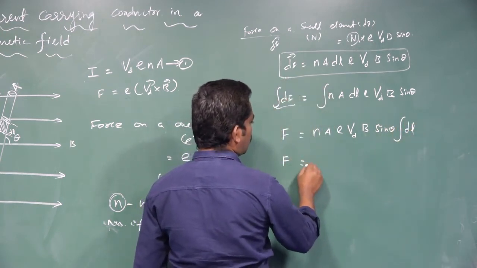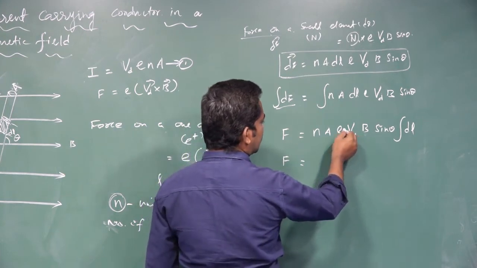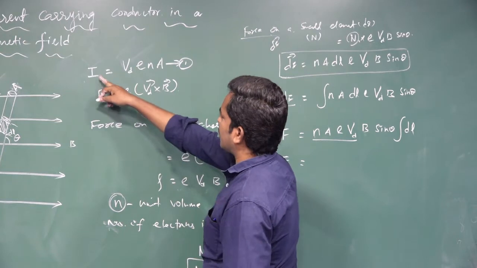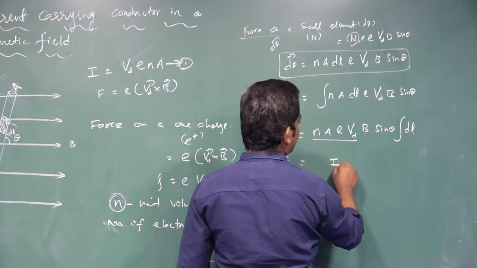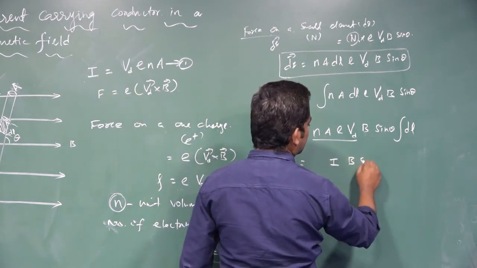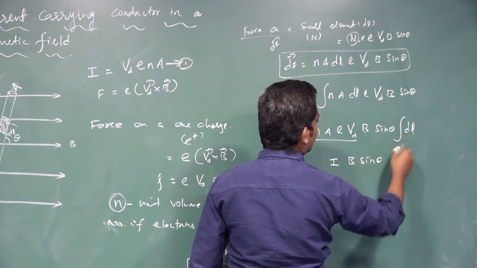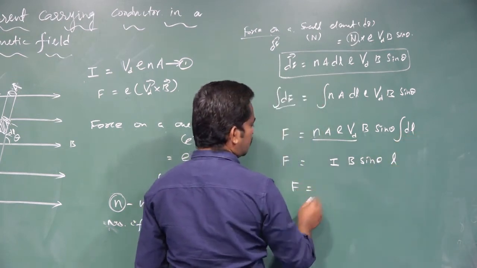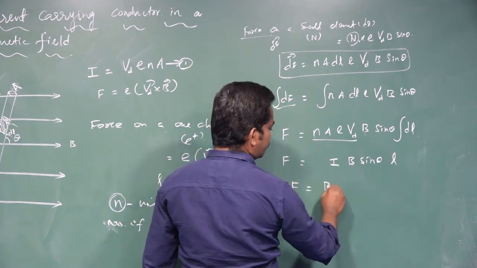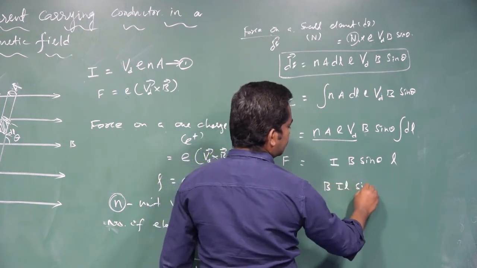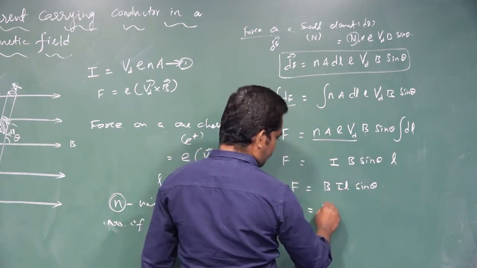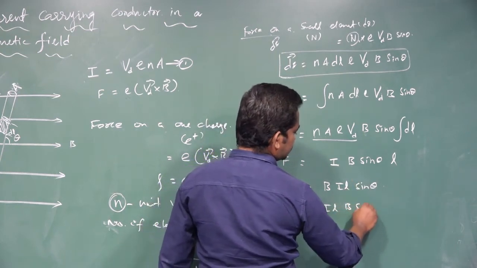So F is equal to, you know well, n e Vd A is nothing but this is the current I. So B sin theta, integral of dl is equal to L. So F is equal to B I L sin theta, or F is equal to I L B sin theta.